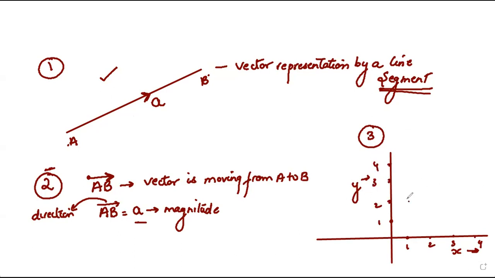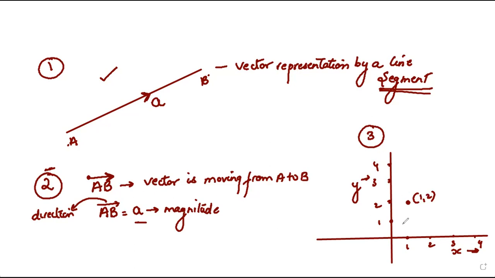If I pick this point, it is 1, comma 2. That means this point is where the value of x is 1 and the value of y is 2. In a coordinate form, I can write like this. Whenever I write like this, I can easily understand that x is 1 and y is 2. So this gives me a more detailed value of where exactly the point is.